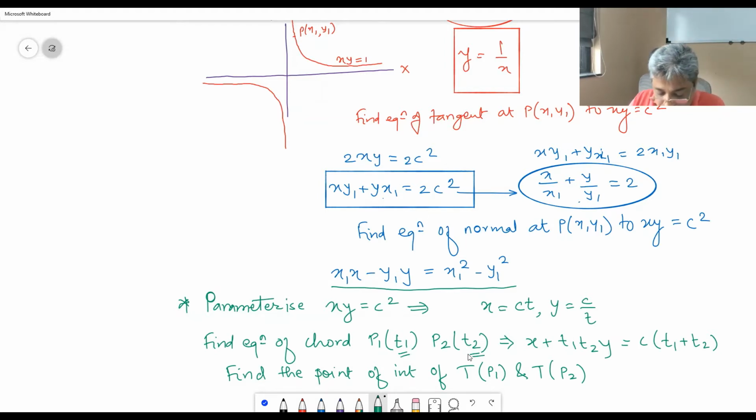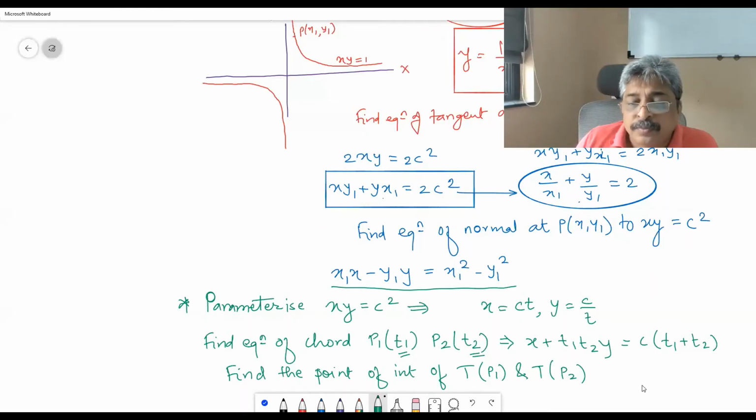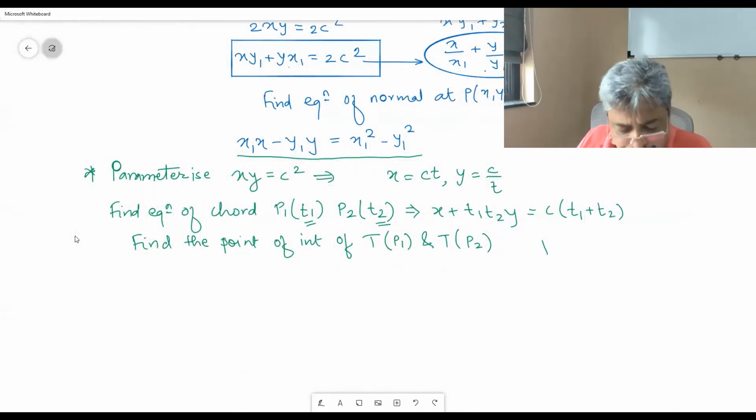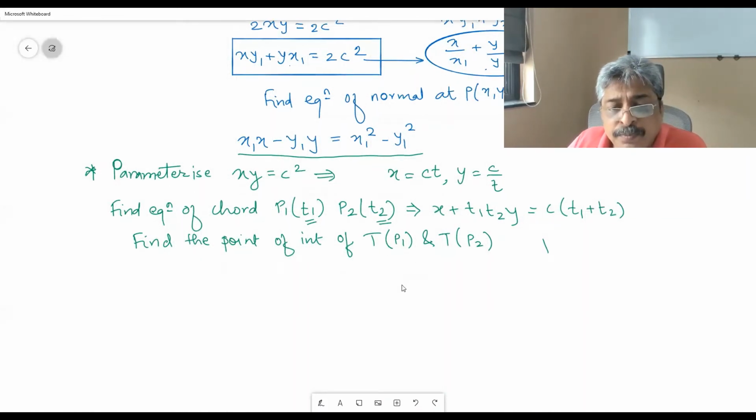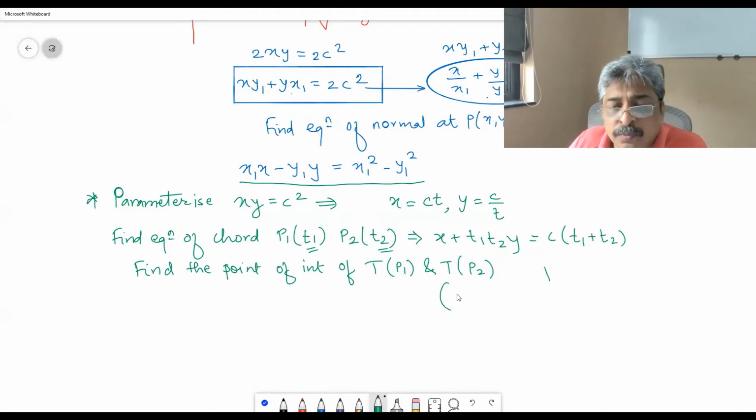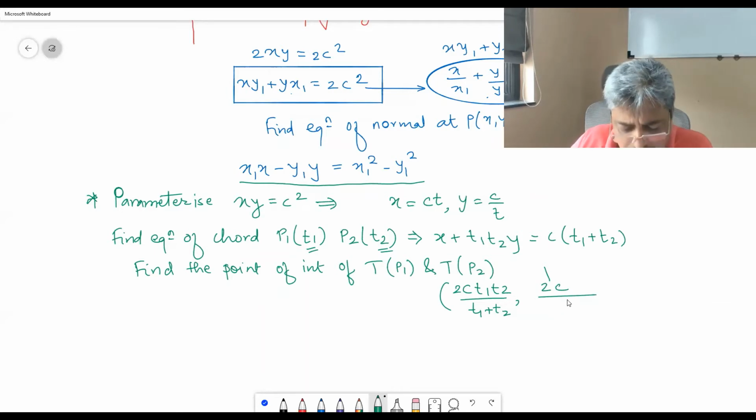Find the point of intersection. The point of intersection happens to be 2c T1 T2 upon T1 plus T2, comma 2c upon T1 plus T2.